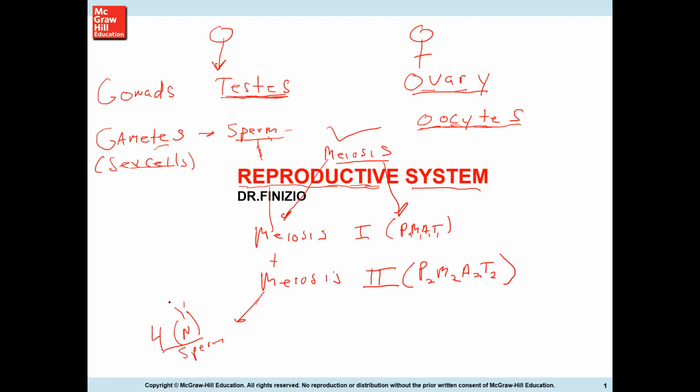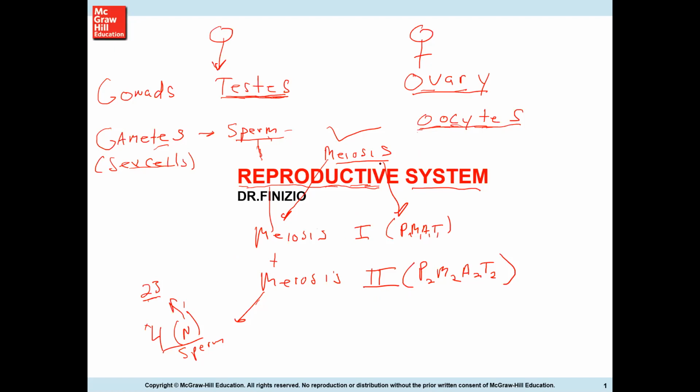Haploid means they have 23 chromosomes, not 23 pairs. That's 22 autosomes, one sex chromosome. And they're completely different after meiosis. Mitosis, you get identical cells, like somatic cells, like epithelial cells.